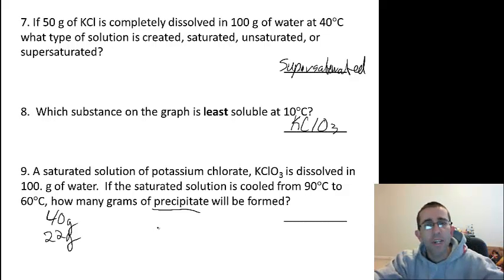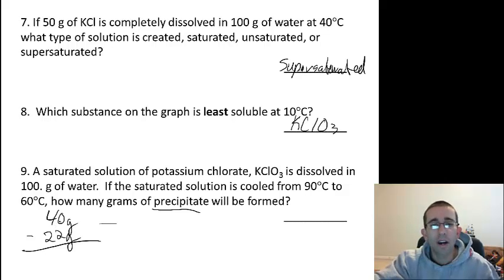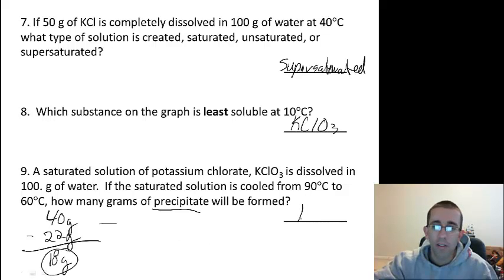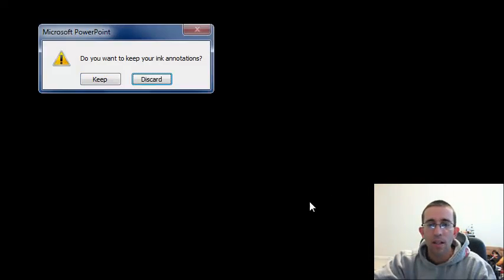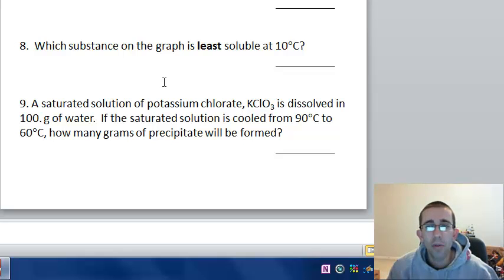It will start to precipitate out. It starts to come out. It's not going to be dissolved anymore. So if you get a question like this, it's very simple. You take your higher amount of solute and your lower amount and just subtract them. And we figure out that 18 grams will come out and precipitate. All right. And that is how you do solubility curves.